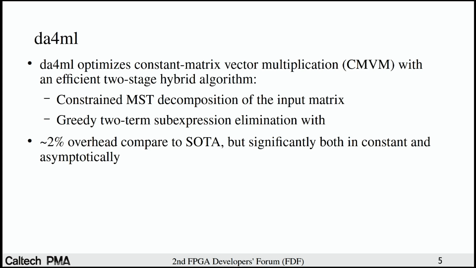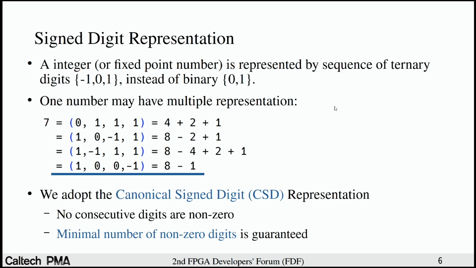The second is a greedy two-term sub-expression elimination. This algorithm has around 2% overhead compared to the SOTA, which is the hybrid CMVM from more than 10 years ago, but I cannot find anything newer that performs better. And it is much faster, both in constant factor and asymptotically.